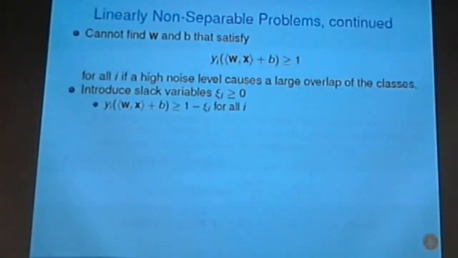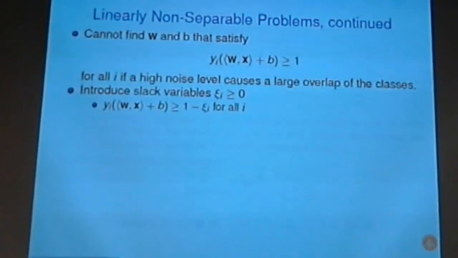I never pronounce this Greek letter correctly. Is it zeta? No, epsilon. No, this is not epsilon. Epsilon is this. I'm not really good at writing this. I don't know.